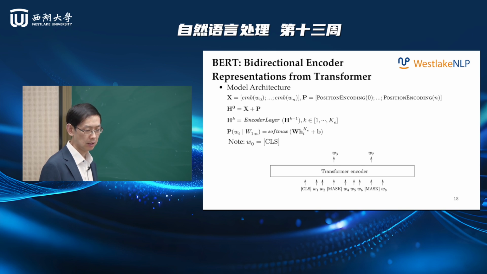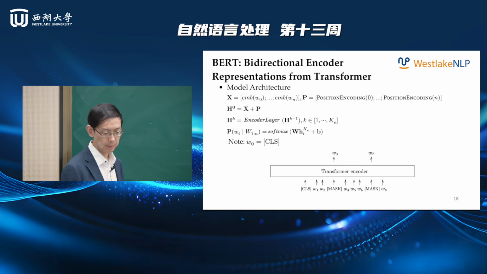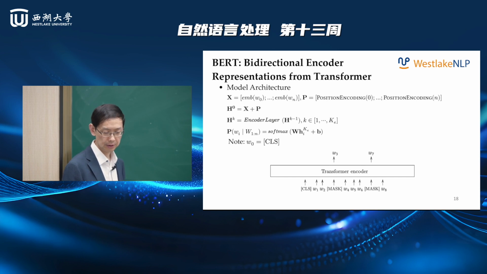So you have a sentence, you mask some words from the sentence, okay? And then for the masked token, you just use 0, for example, as the word embedding. For the other words, you take the randomly initialized embedding, and you augment these with a position embedding, and you go through K transformer encoder layers, and then you predict the masked words, okay?